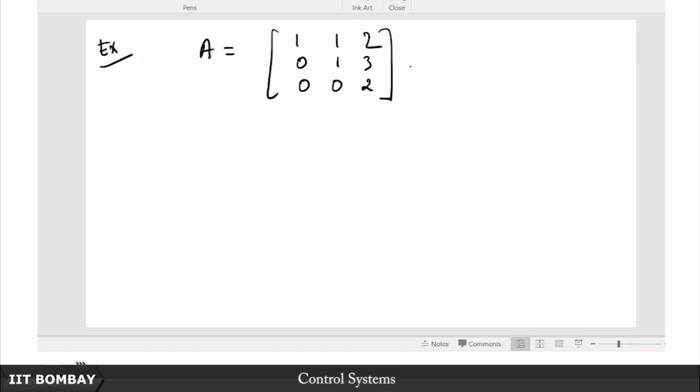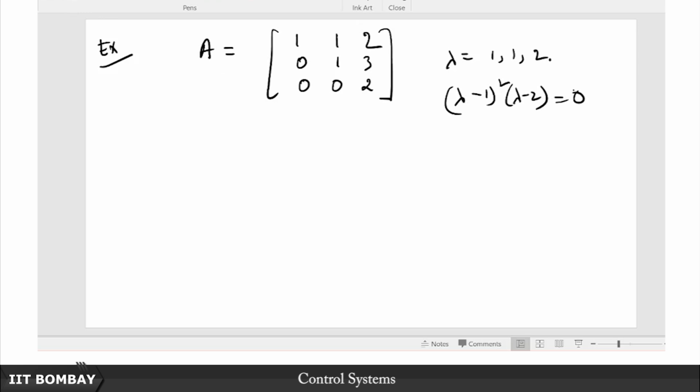So this one I urge you to check, that the eigenvalues of this matrix lambda will be equal to 1, 1, 2, because you just take s minus 1, s minus 1, s minus 2 along the diagonal and you take the determinant and do the expansion, and you will see the characteristic polynomial comes out to be lambda minus 1 squared times lambda minus 2.